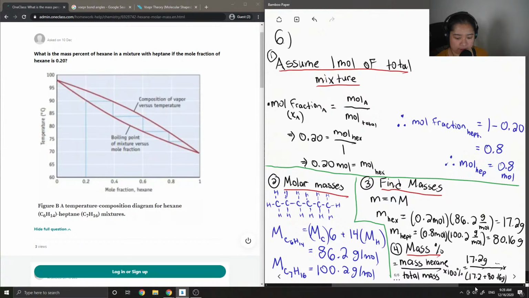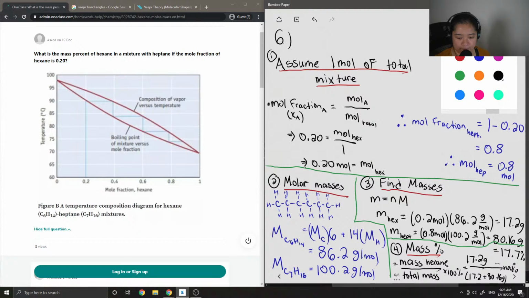All of this times 100 gives us a value of 17.7%. So the answer is 17.7 mass percent of hexane.